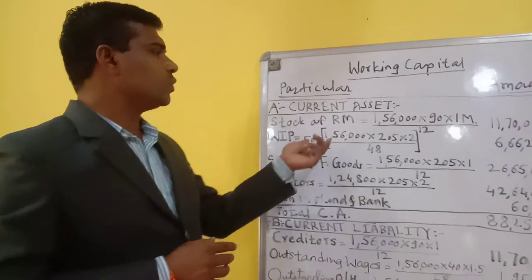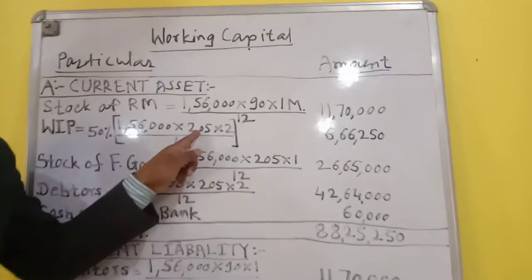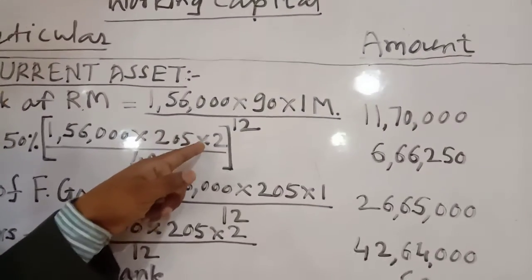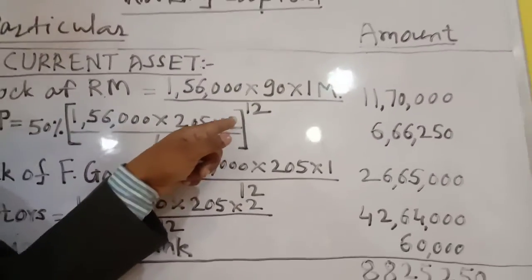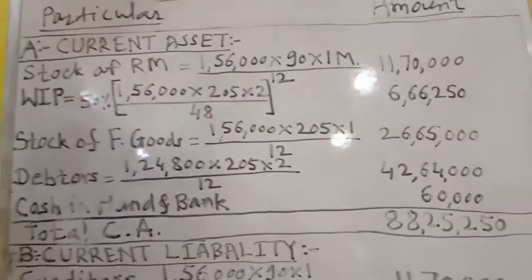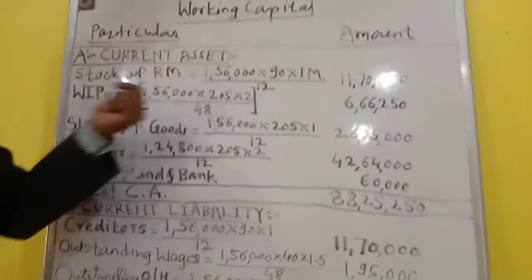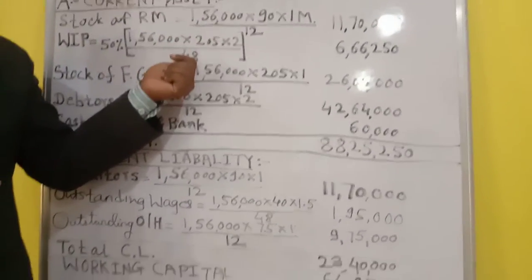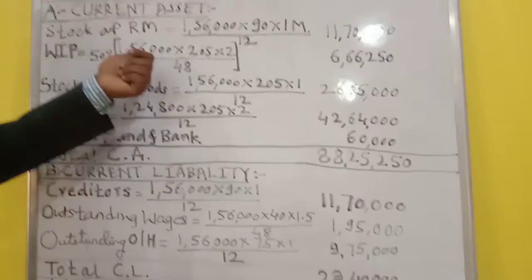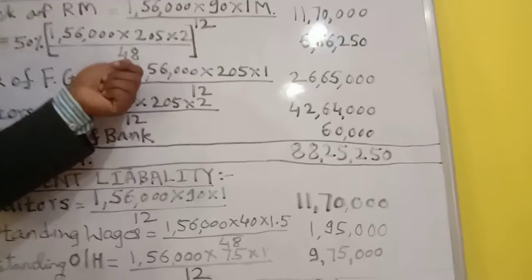So the calculation goes is 1,56,000 units multiplied by total cost, that is 205, multiplied by 2 weeks, and as there are 2 weeks, total number of weeks in a year, in the problem they have mentioned that there are 4 weeks in a month, so there will be 48 weeks in a year. So the calculation is divided by 48. So the total calculation is 1,56,000 multiplied by 205 multiplied by 2 divided by 48.